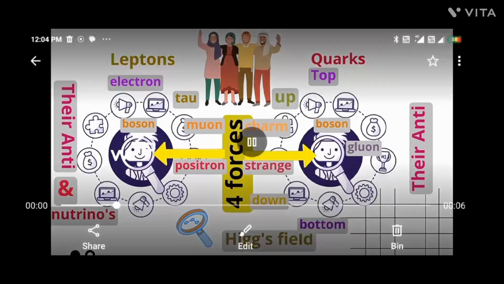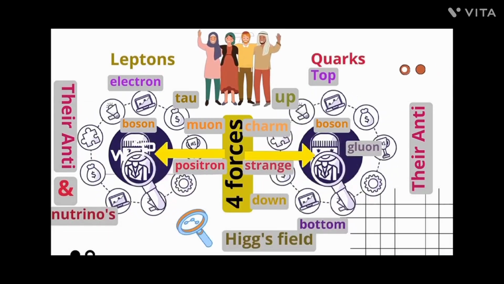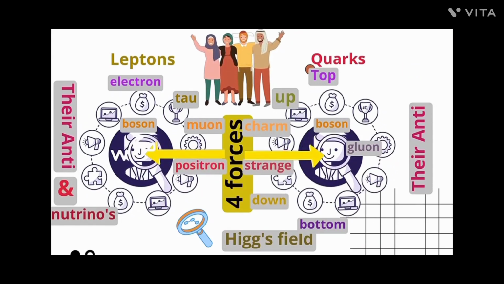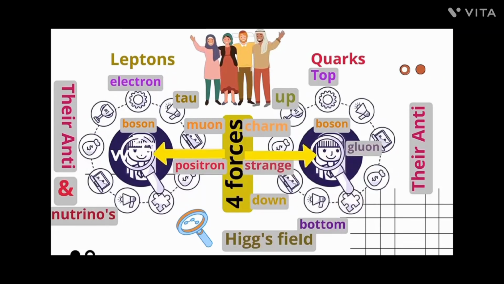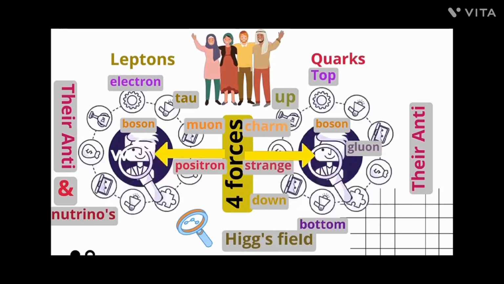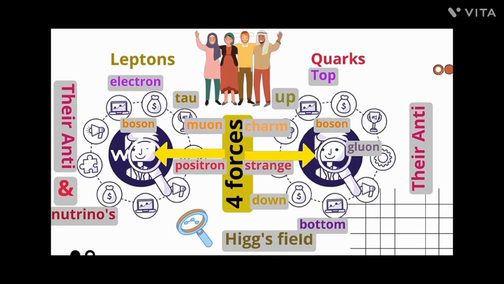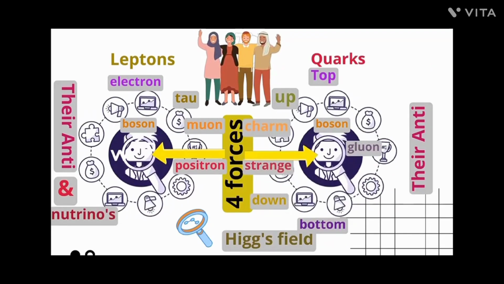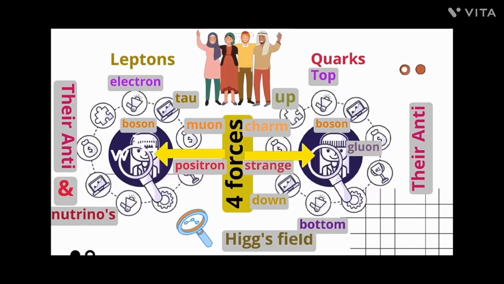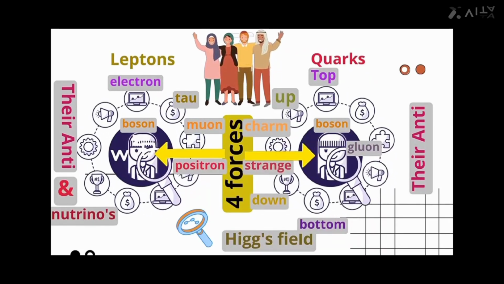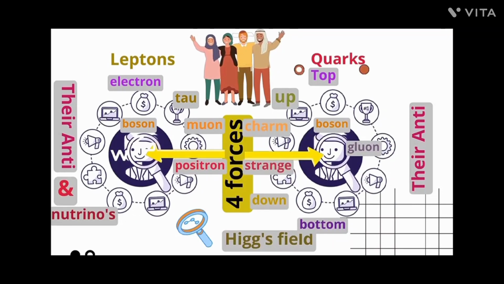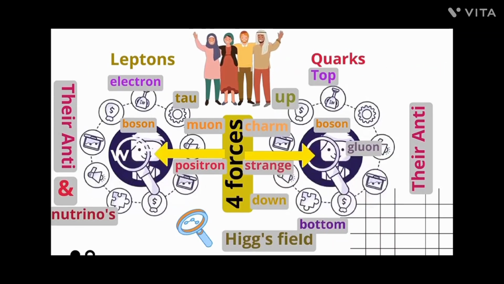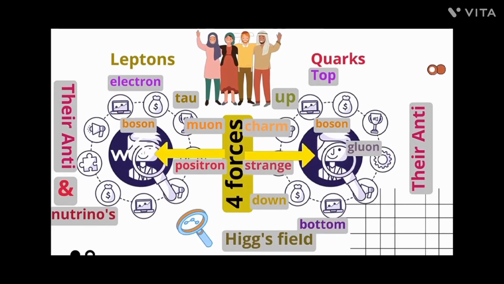Then there are photons, which give the electromagnetic force, binding the electrons, positrons, etc. together. Then there is the gravitation force, which is a long range force and a very weak force. On the right side, we can find only one boson, that is the gluon, which binds the quarks together.